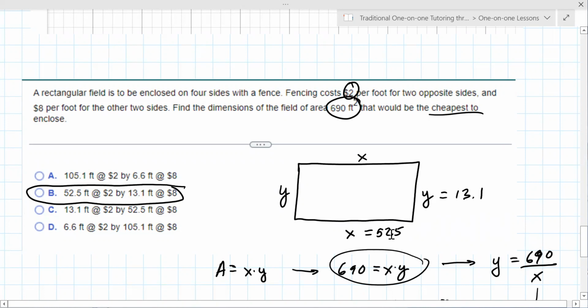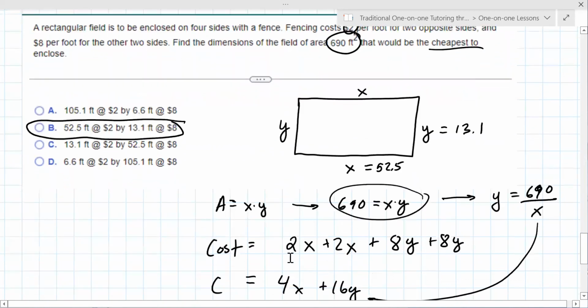You just would have found that X was 13.1 to go with the $8 side. You just gotta be very careful. So the X goes with the $2 and the Y goes with the $8. And I'm sure this is multiple choice for that reason, so there's no gripes about grade and things like that.